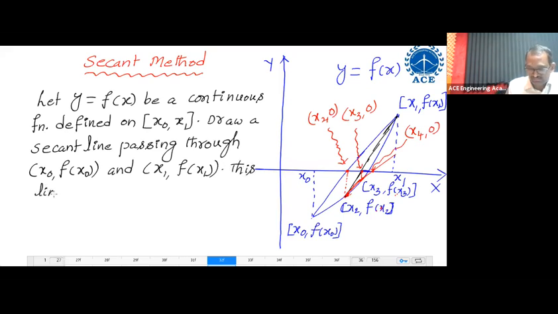This line meets the x-axis at x2 comma 0. So x2 is the first approximation.